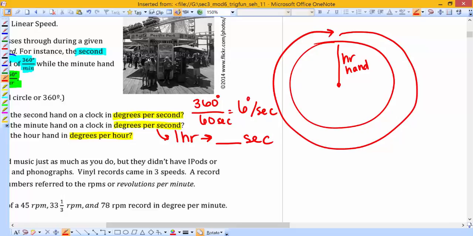Think about how many hours it is going to take, since they want it per hour. And then it would be 360 divided by something. So you need to figure out that something: how long does it take that hour hand to go all the way around.